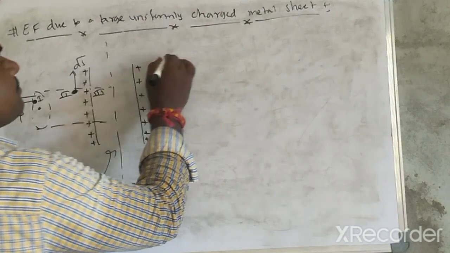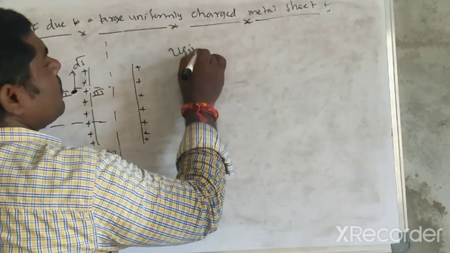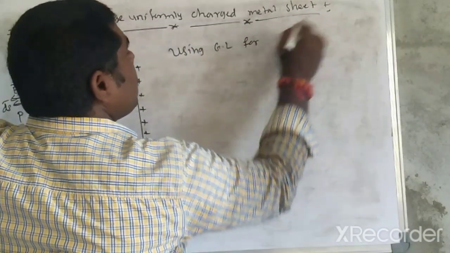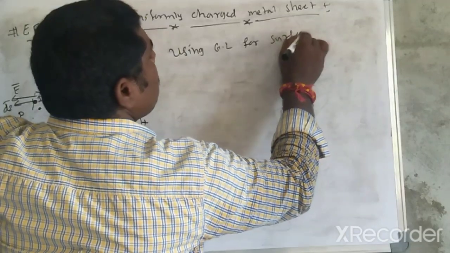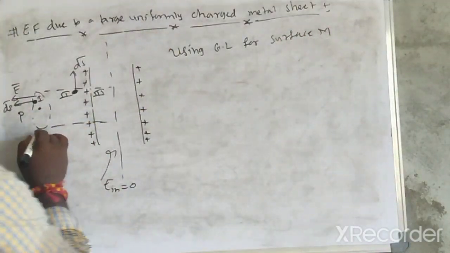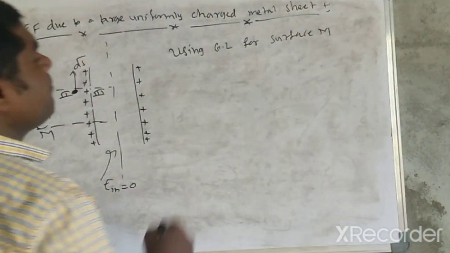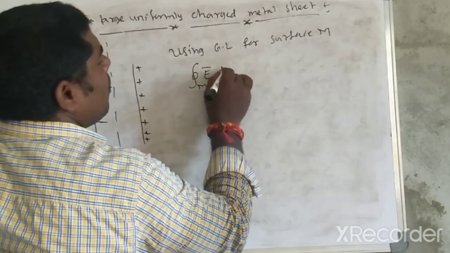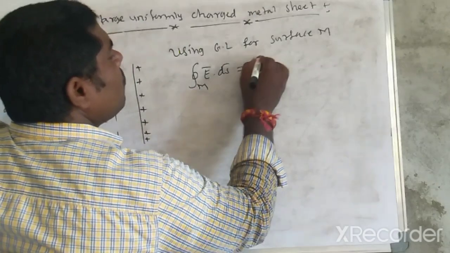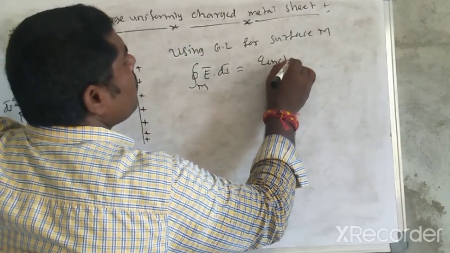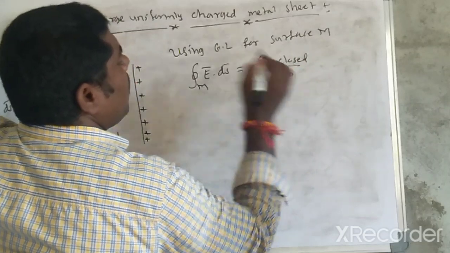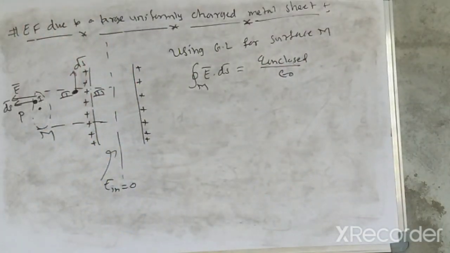Here using Gauss law for surface M. Let us consider this surface M. So closed integral over M of E bar dot ds bar is equal to Q enclosed by epsilon naught.